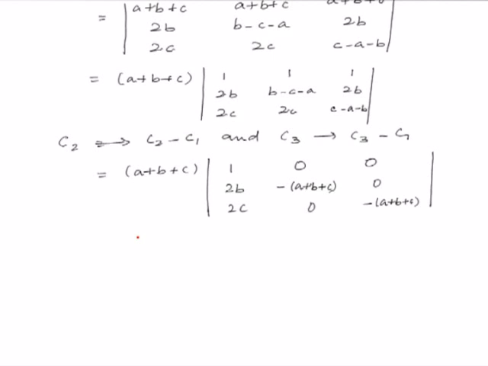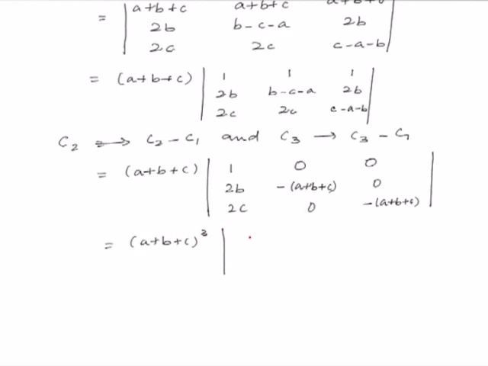So as you observe, from the second and the third column, you can take out a plus b plus c again outside. From the second column I get a plus b plus c, which when multiplied with the a plus b plus c outside gives a whole square. And from the third column also you get a plus b plus c, so having taken it out, I get a cube outside.